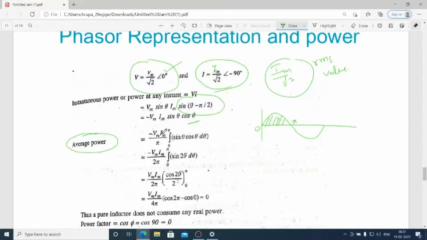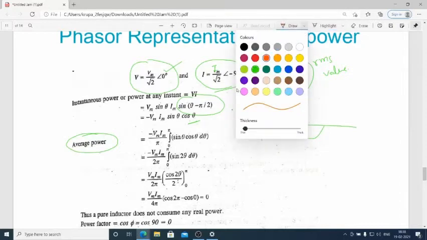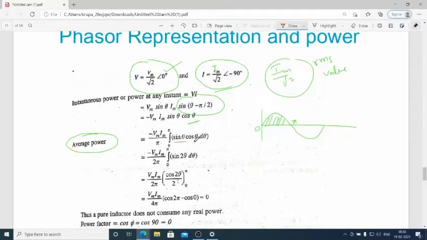So minus Vm Im upon pi, integral from 0 to pi of sin theta cos theta d theta.